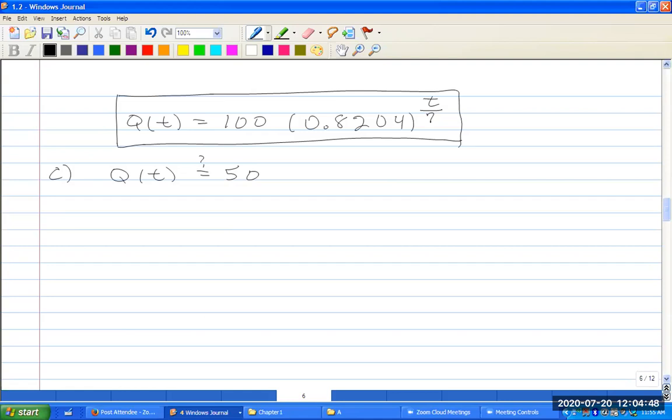Let me look at this for one second. Section 1.2, number 12. Oh, here it is.